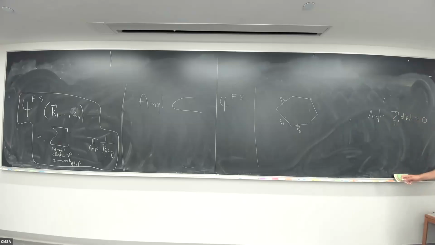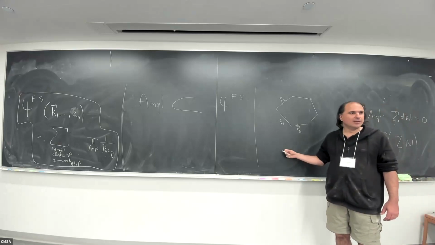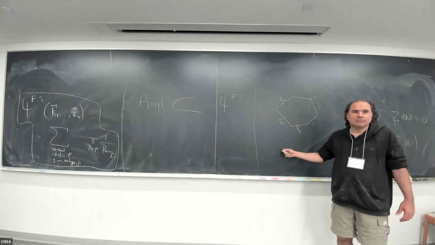That was the only difference: we have the sum of the energies equals 0 constraint, which we don't have on this side. In fact, in the amplitude, there's a delta function for the sum. Let me not worry about the sign; it will be implicit in what I mean by the magnitude. There's a delta of the sum of k_i in the amplitude, and there's no such delta in the wave function.